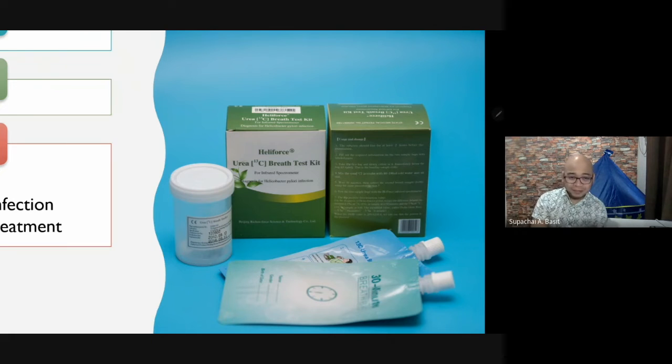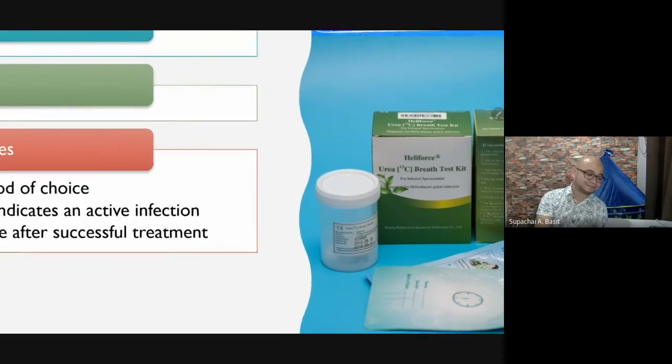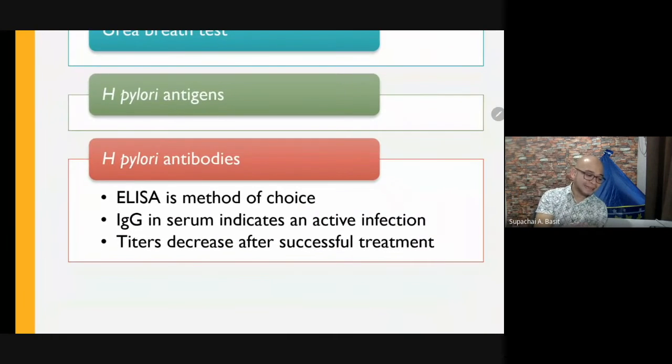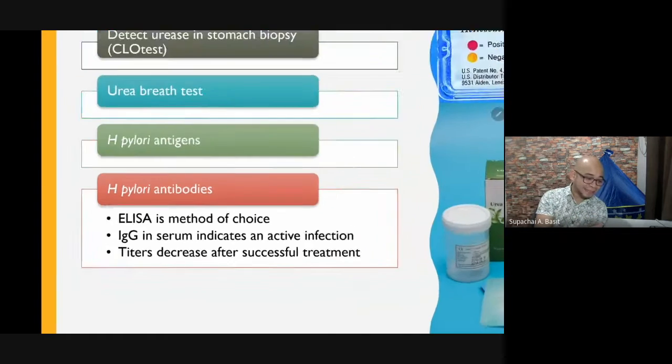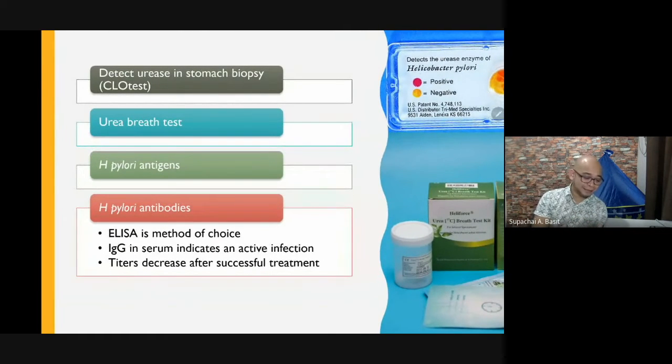So if urea is broken down because of the presence of urease in the stomach, and that urease is produced by Helicobacter pylori, it means that if it's detected in the gamma counter, then you have Helicobacter pylori in your stomach. And then Helicobacter pylori antigens, another possibility.